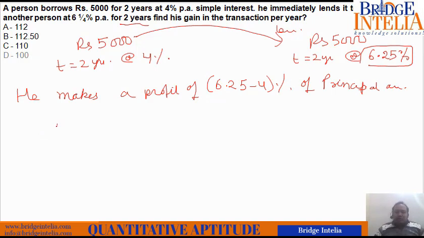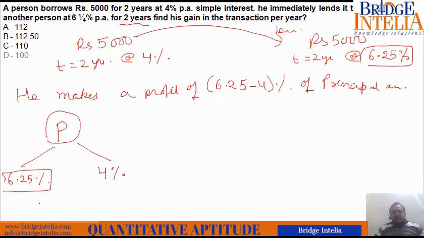So he borrowed P, the customer is giving him 6.25% of this much, but he has to pay back to the bank only 4%. So this extra 2.25% is what he is earning per year.